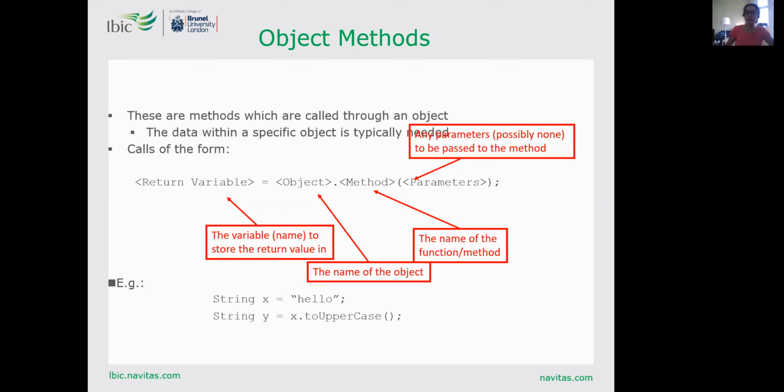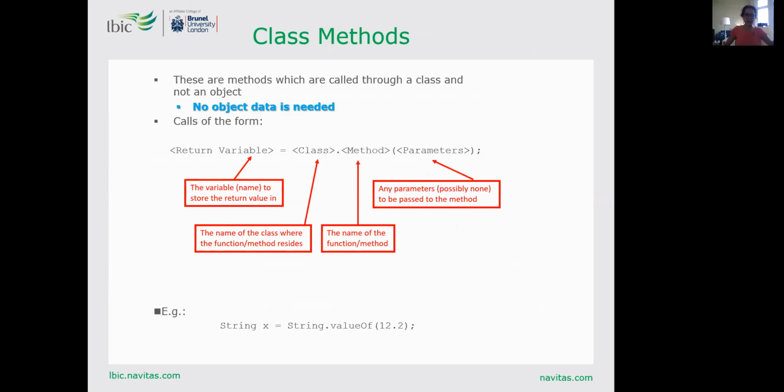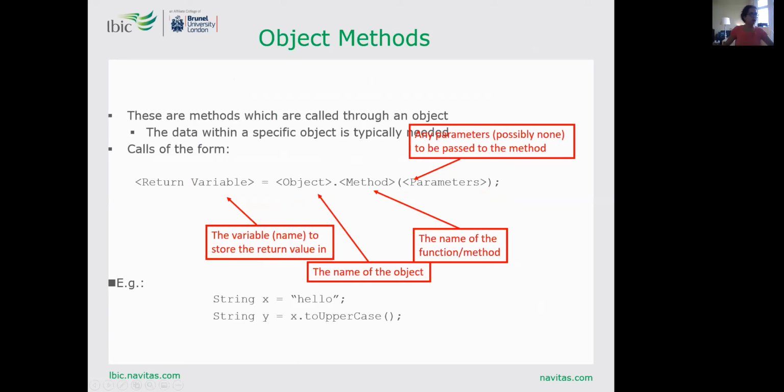Then you call the method within this object, and then the parameter. You can see everything is similar to the class method. The only difference is that in the class method you use the class, you don't need an object. But in this one, you are using an object, not a class. You are just using an instance of the class.